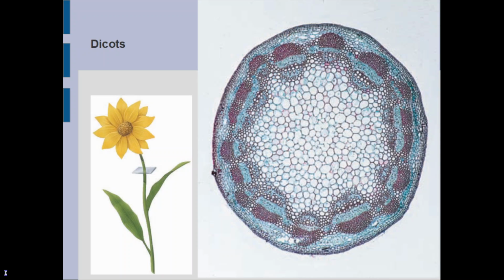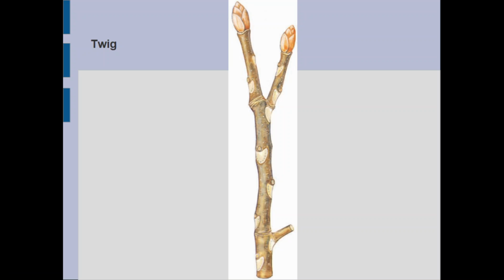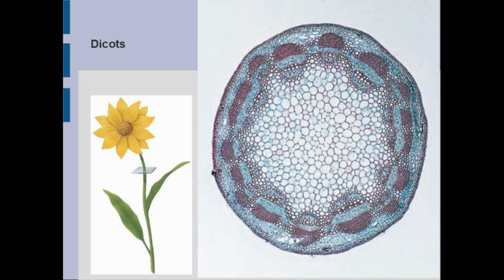So the eudicots have this kind of structure. The structure is different, but usually all the stems have an outer protection layer that is called epidermis. So this is usually one layer of epidermis that protects the tissues.